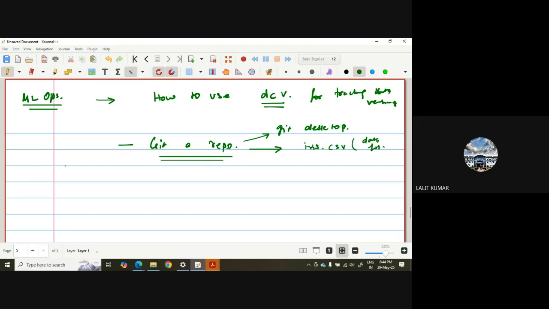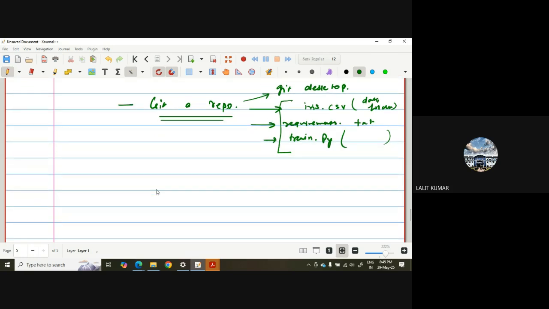Make one folder called data. Keep iris.csv. Second, you make the requirements.txt. And third, you make a train.py. The train.py is the same code which is there in your week one. You read the data, then you train, test, and all that, and you are making a model. So these three things you can keep in your repo.